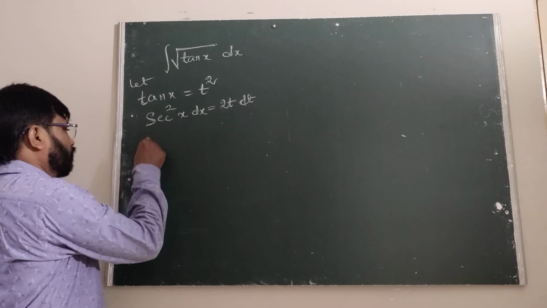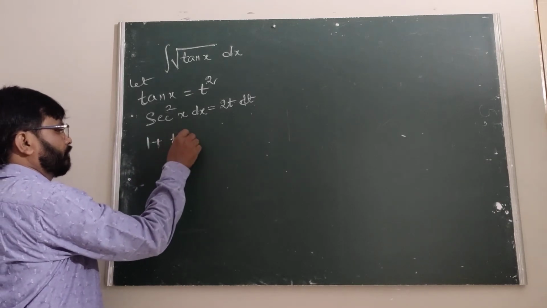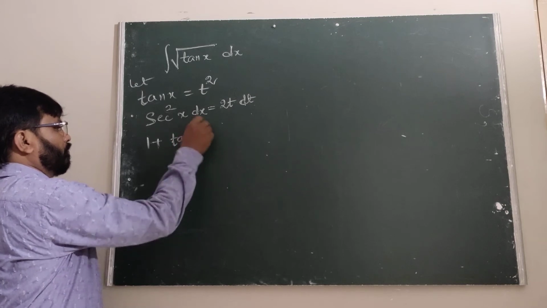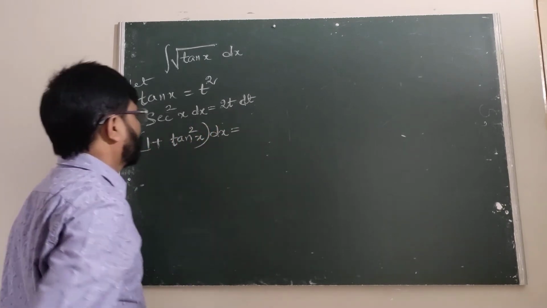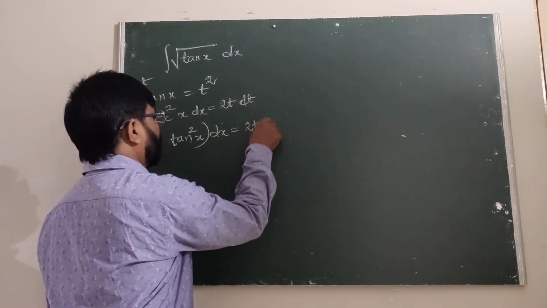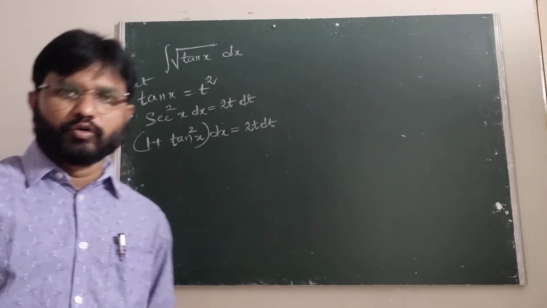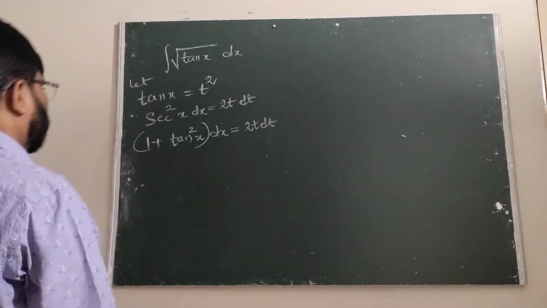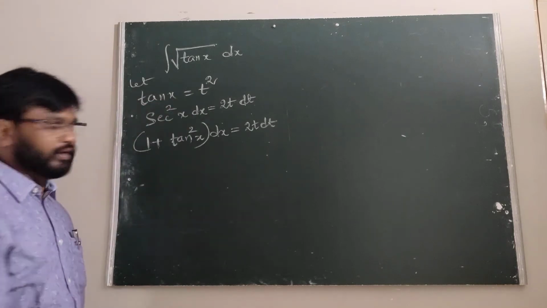This is 1 plus tan square x. So 1 plus tan square x into dx equals 2t into dt. Tan x is t square. Is it clear?